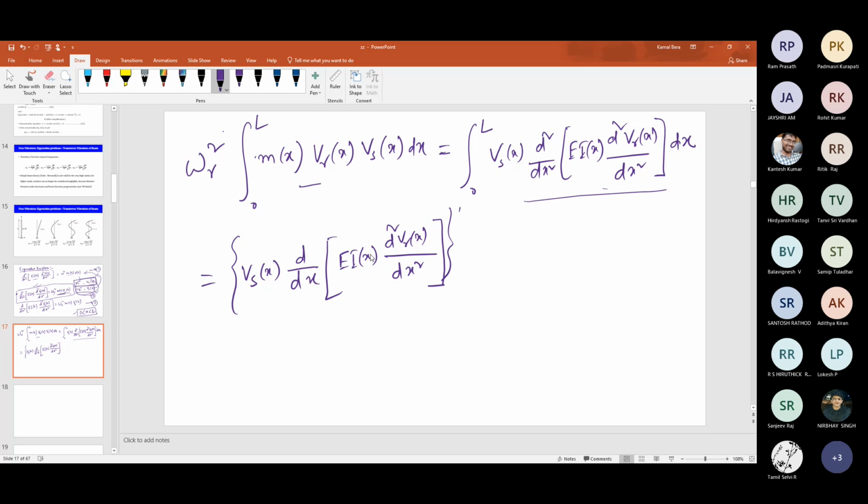So this boundary term from 0 to L minus, correct me if I am wrong anywhere, then the integral of 0 to L with one derivative: this will be dVs by dx, and then the integral of this thing, which is d by dx of EI d2 Vr by dx2, times dx.